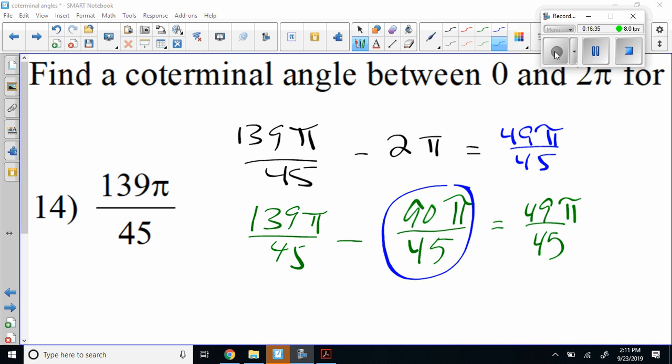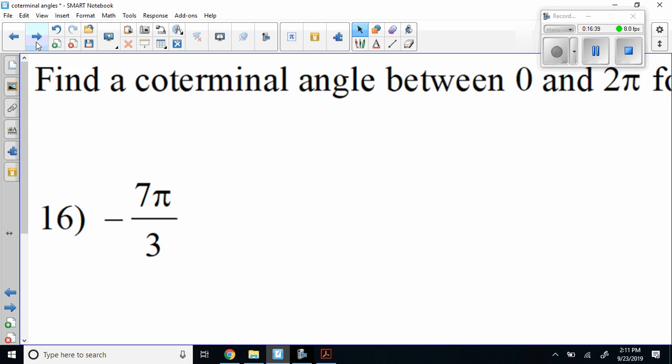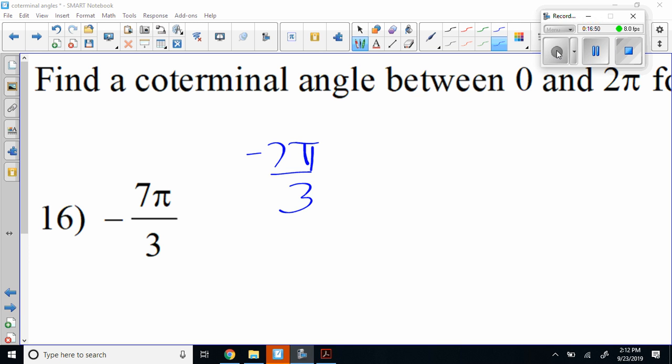All right, let's do another one. Let's go to number 16. All right, let's see what you can do with 16. So here we go, number 16. So negative 7 pi over 3, it's a negative, so I'm going to add. This has to be 3. What's 3 times 2? 6 pi, right?